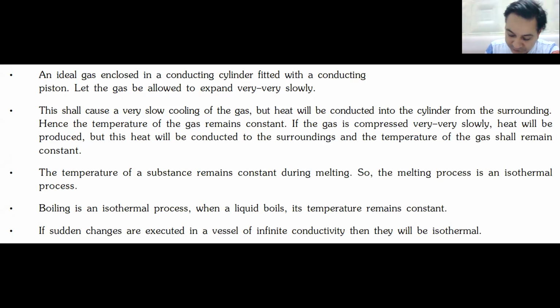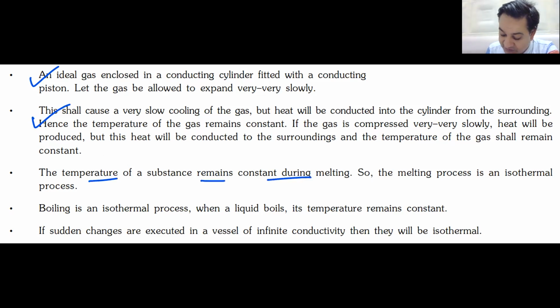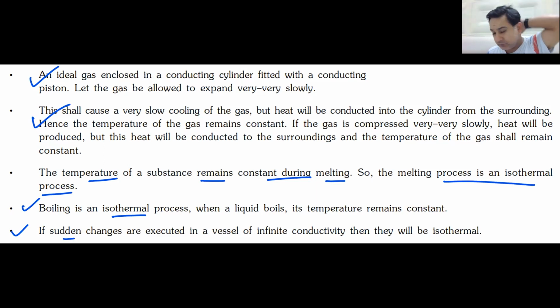So these are the things that are specified here in these points. The temperature of a substance remains constant during melting, so melting is an isothermal process. Boiling is also an isothermal process, because the temperature while melting or boiling remains constant. Sometimes you might have sudden changes, but if it takes place in a conductor of infinite conductivity, a perfect conductor, then you might also treat the process as isothermal.